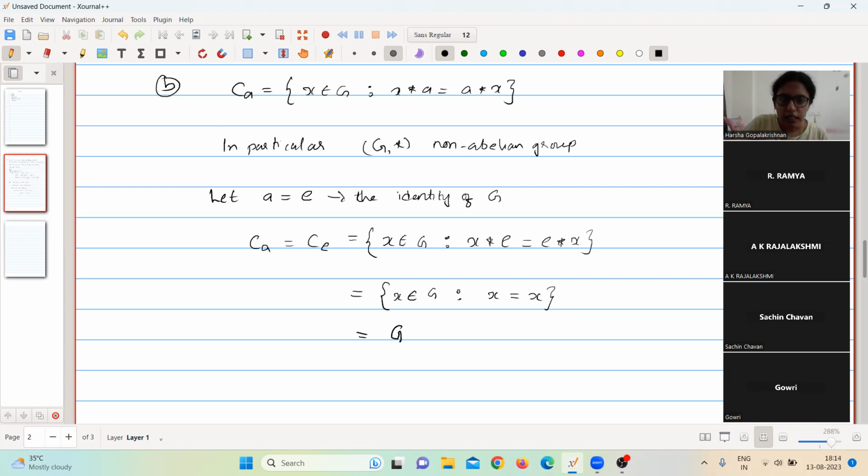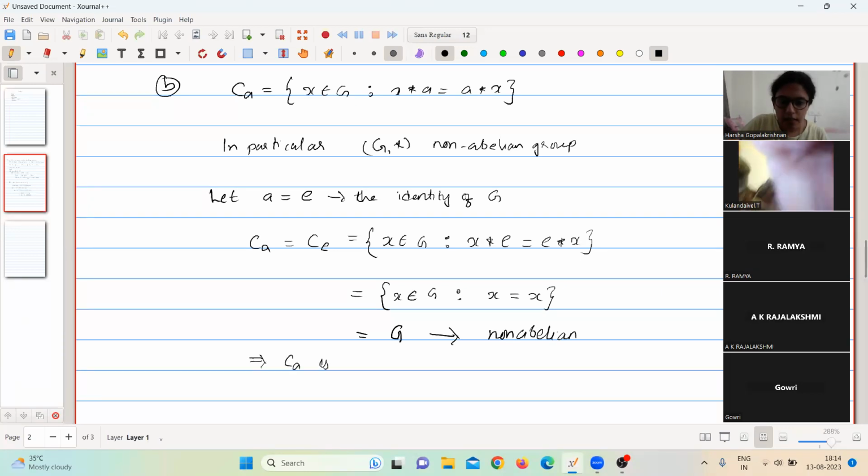So what we are getting is, if I start with a non-abelian group, I get CA as G. Basically, if I start with any group, I will get CA, that is CE, as the same group. But since I have taken a non-abelian group, here I am getting CA equal to G, which is non-abelian. Clear? So what does that mean?